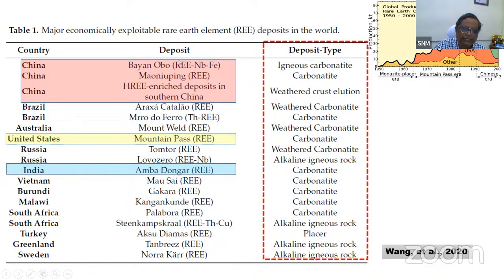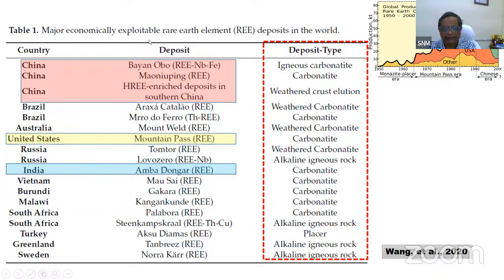the known deposits are these, and as you can see, along with China, Bayan Obo is the largest REE deposit, an REE-Nb-Fe deposit, the largest known till date. This is nothing but an igneous carbonatite complex. So the four types I had told earlier are carbonatite, alkaline igneous rocks, silicate igneous rocks, placers, and the other one is clay.